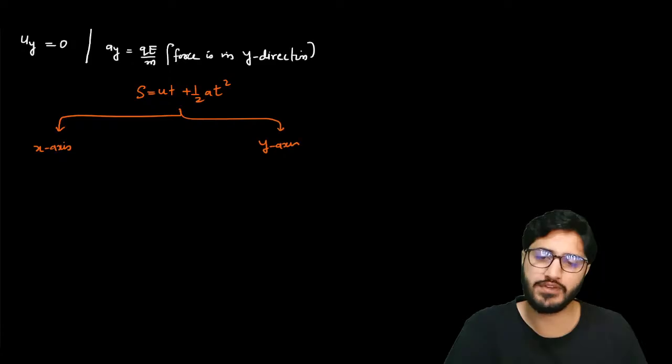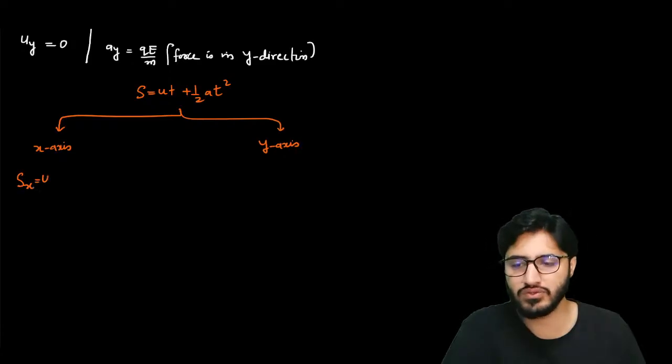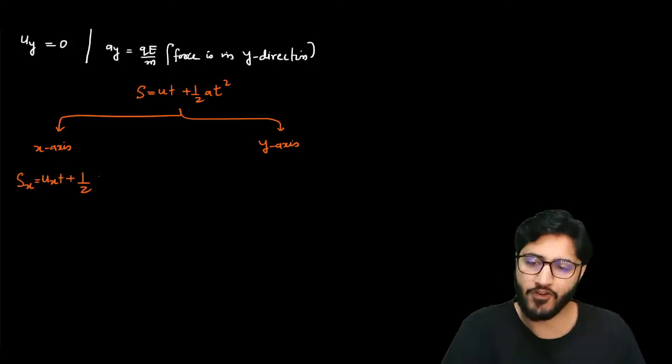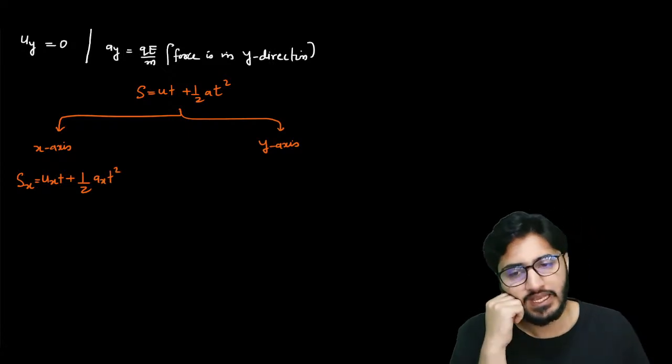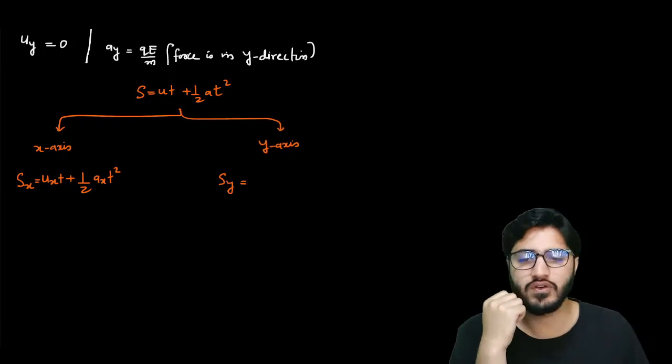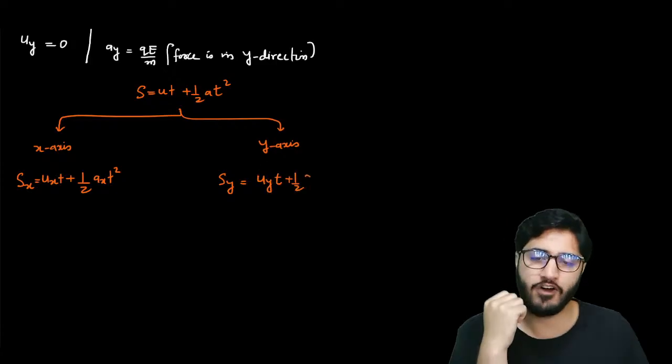For the x axis, Sx equals uxt plus 1 half of axt square, just like in 2D. For the y axis, Sy equals uyt plus half of ayt square.